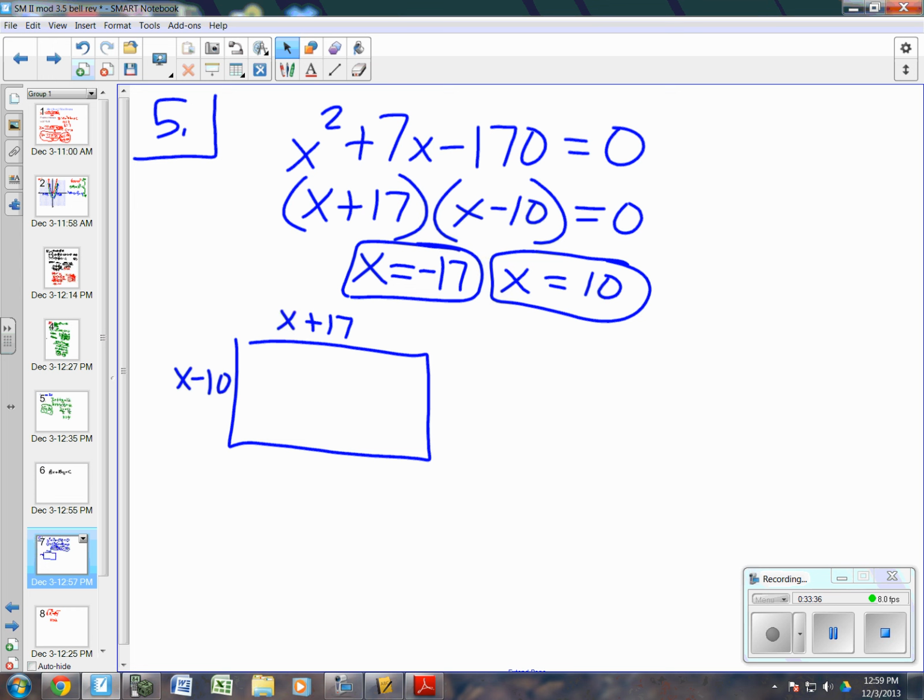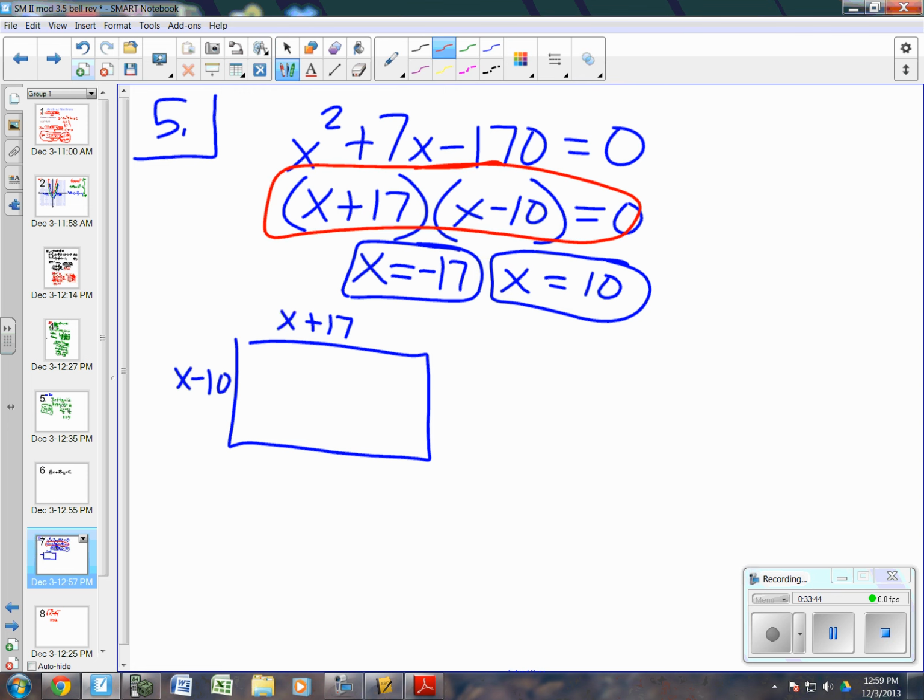Oh, by the way, you guys, on 5, 6, 7, and 8, all you had to do is go to this point right here. On problems 9, 10, 11, 12, you'll notice that they're the same problems. That's when you go this far and you find the answer. So if you do 5 through 8, you've got 9 through 12 as well.